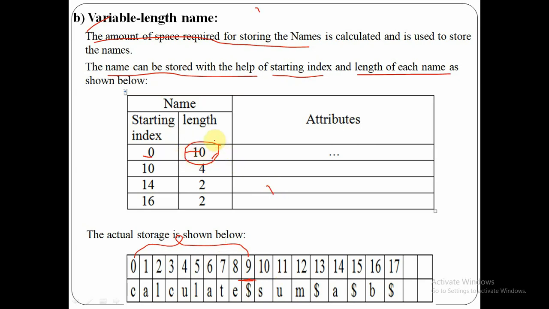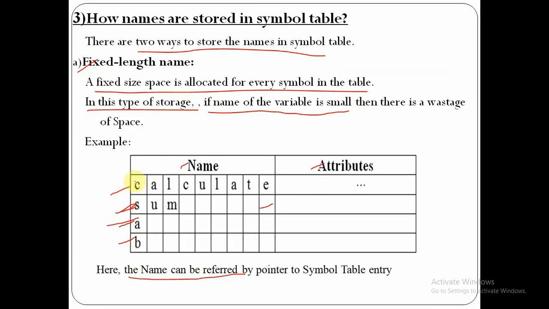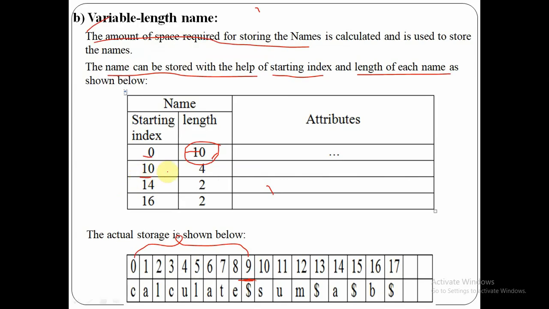Similarly, the next name is sum. It occupies actually 3 bytes, but here we will represent it as 4. The reason is one is for storing the end of the name. So its index starts from 10 and ends at 13.